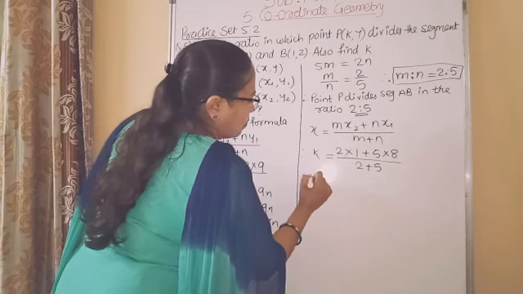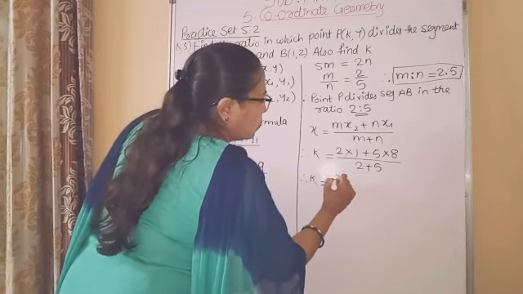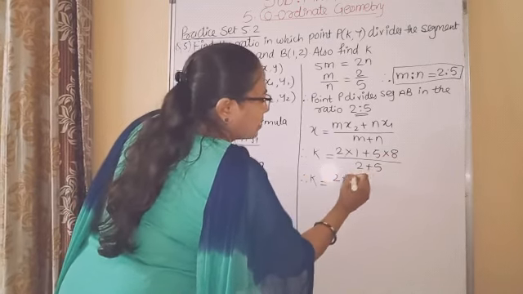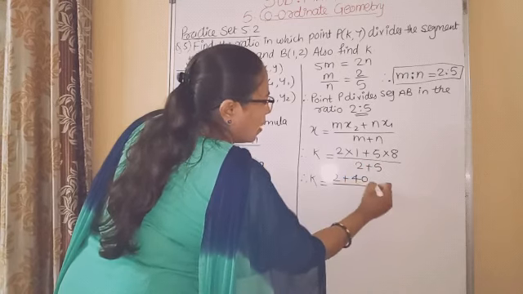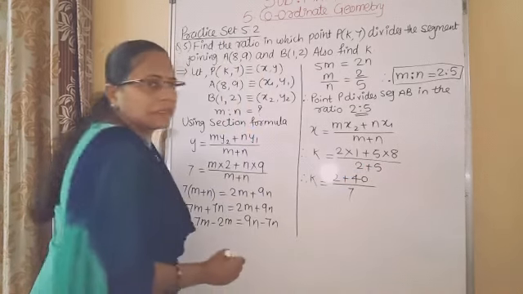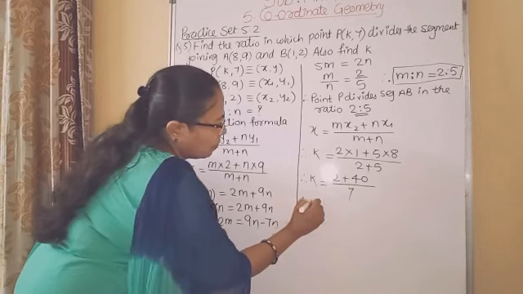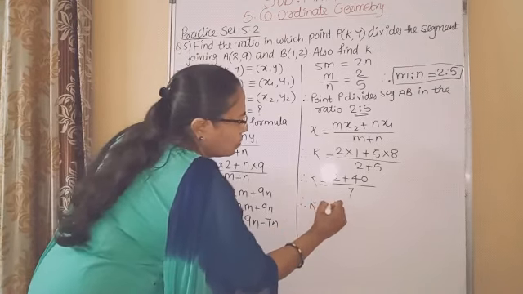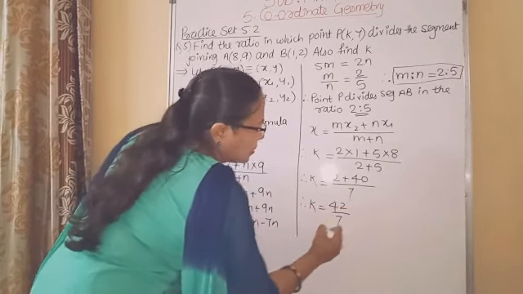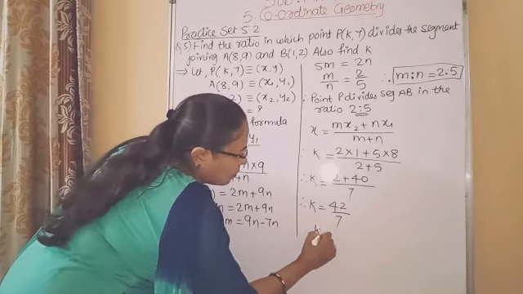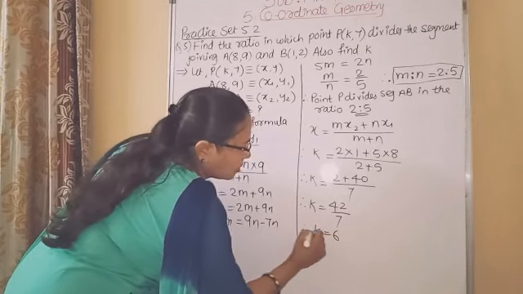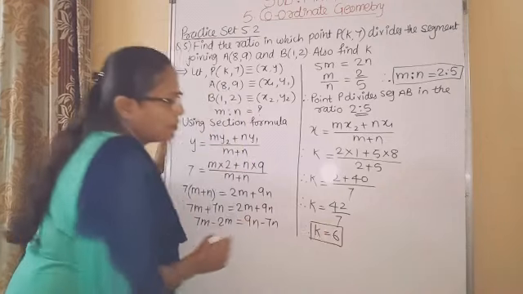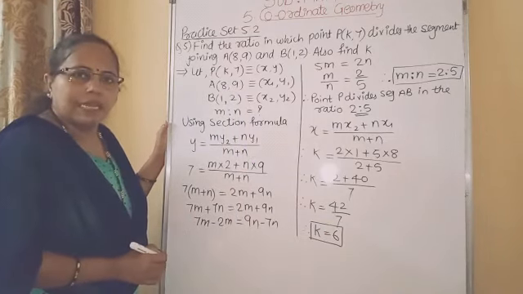Therefore, k is equal to (2 plus 5 eights are 40) upon (2 plus 5, 7). Therefore, k is equal to 42 upon 7. Therefore, k is equal to 6. So this way we got the second answer also.